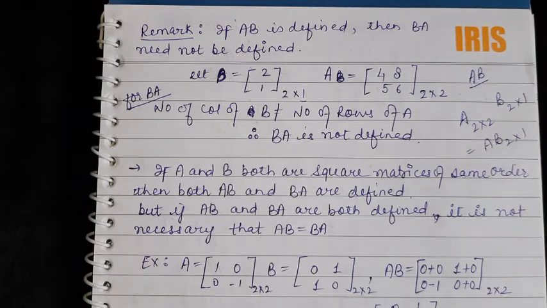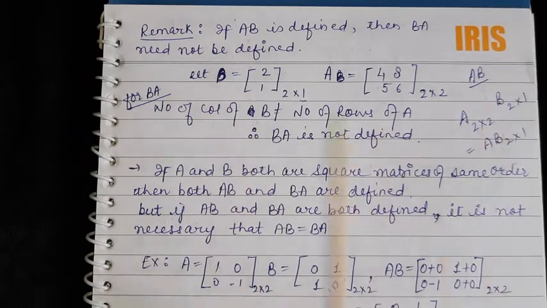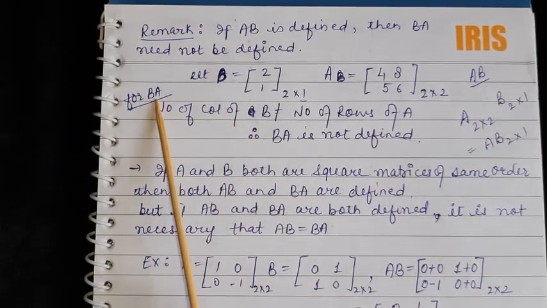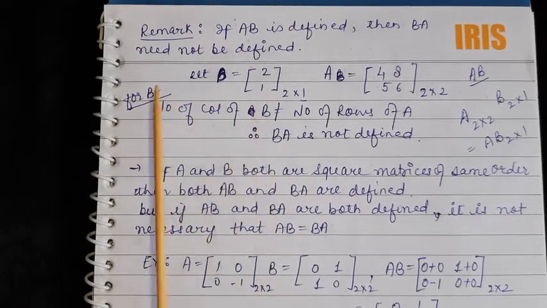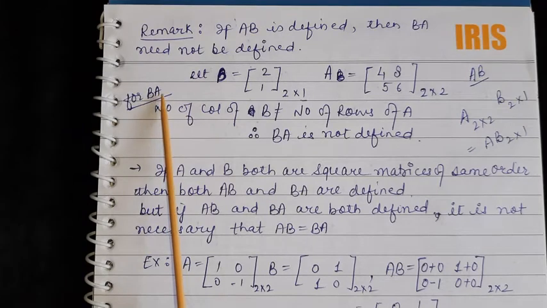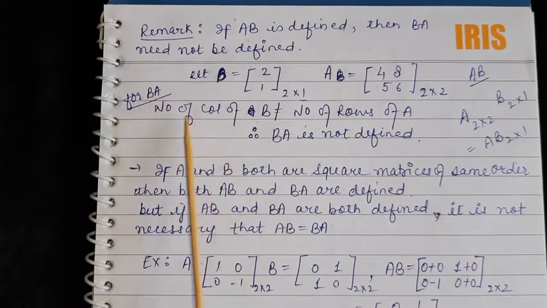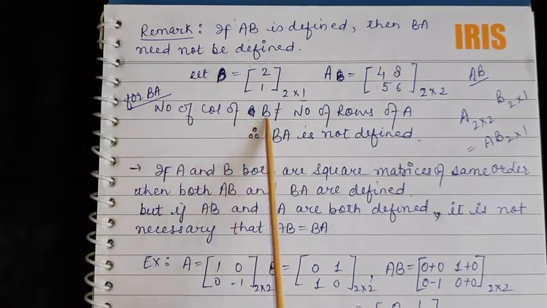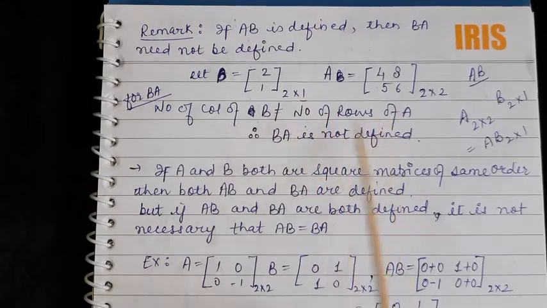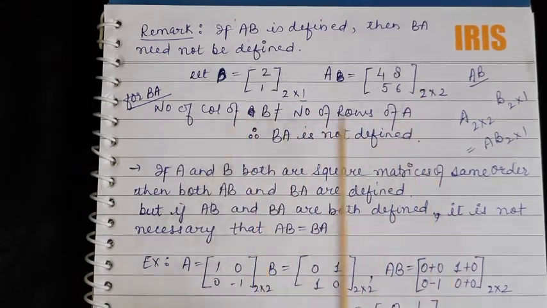But in the same situation, if we want to define BA, then we should have the condition that the number of columns of B should be equal to the number of rows of A, which is not true here. As we can see, the number of columns in B is 1, but the number of rows in A is 2. So these two are not equal.